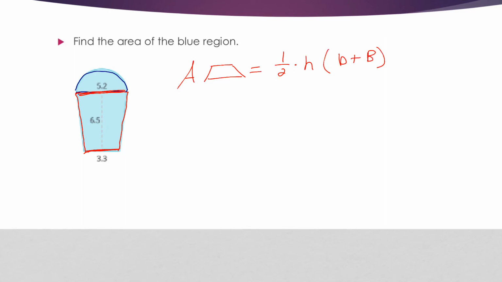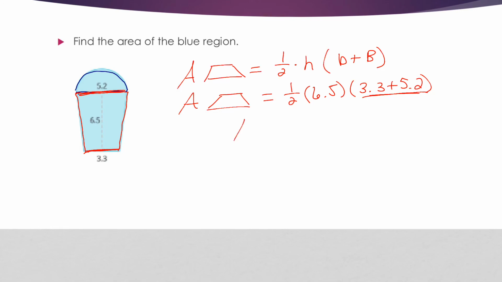So the area of this trapezoid is 1/2. Our height is 6.5. Our bases are 3.3 and 5.2. So on my calculator, I'm going to add this first because remember we have to follow order of operations. 3.3 plus 5.2, 8.5.